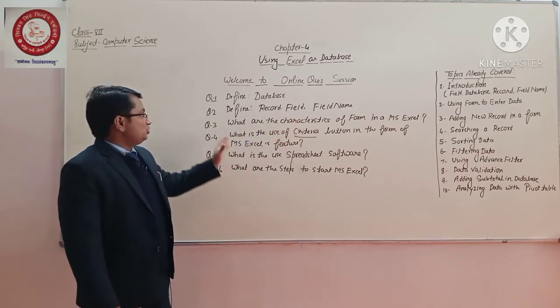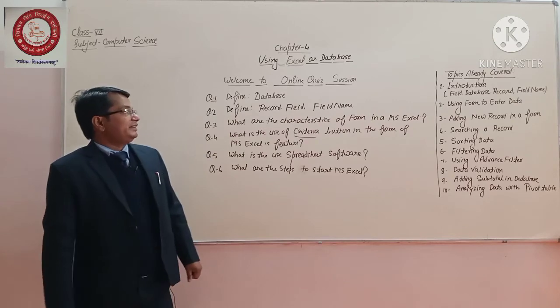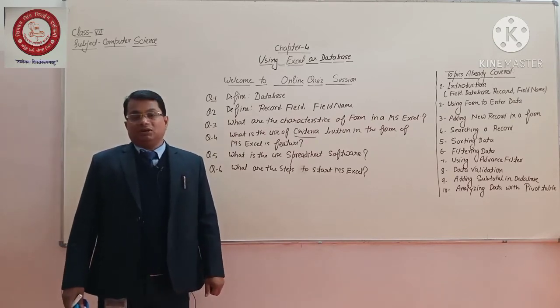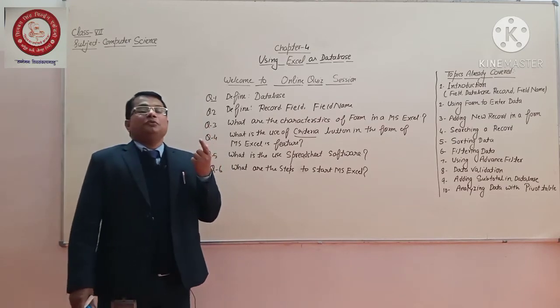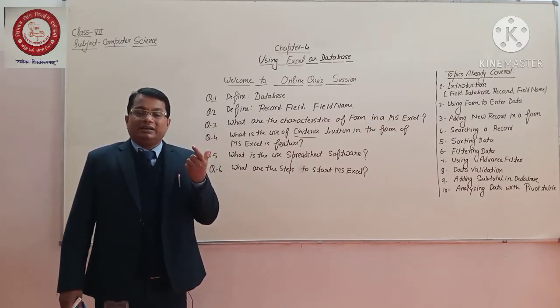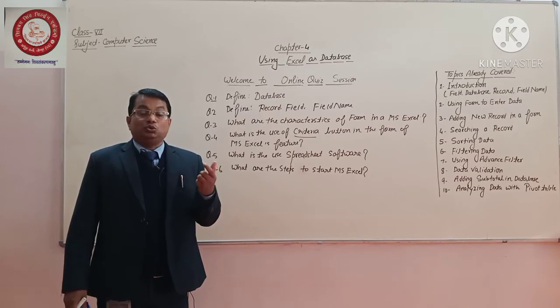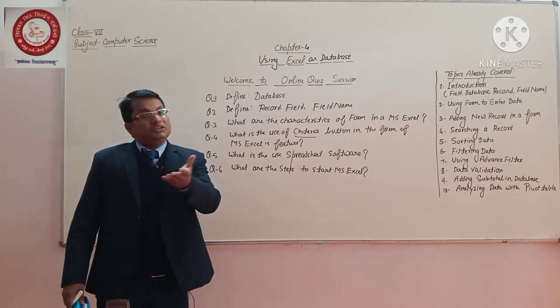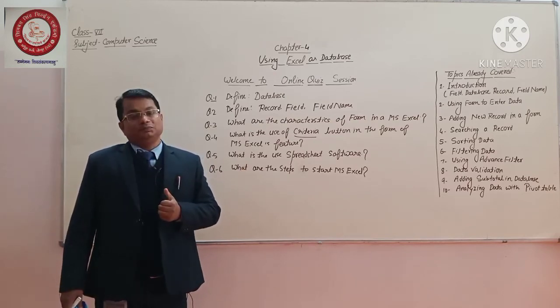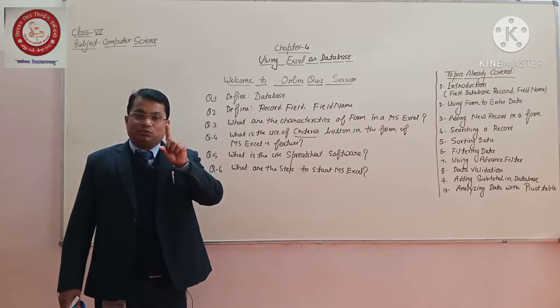Question number 3. What are the characteristics of form? मतलब क्या वो form का characteristics क्या है? पहला point, it gives an easy interface to enter the data. If you want to enter the data directly into the table, you can use the form. This is the first point.